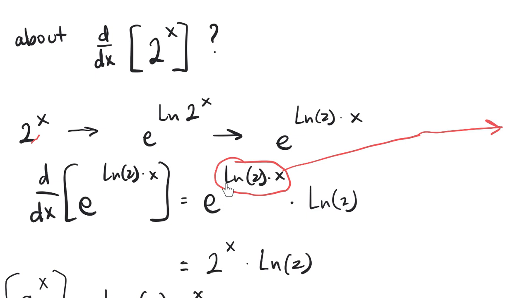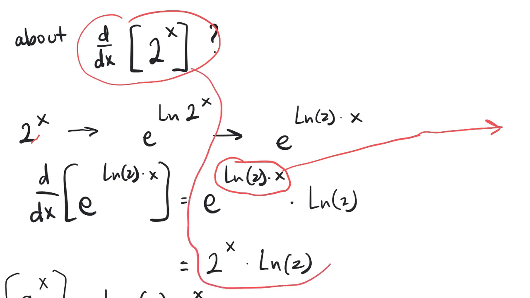So e to the natural log, I'm going to cancel it out. And remember, this x was originally an exponent of 2. So if I cancel out e to the natural log and move the x back up as an exponent, I get this again: 2 to the x times natural log of 2. So what you need to connect here is the derivative of 2 to the x is equal to 2 to the x times the natural log of 2.